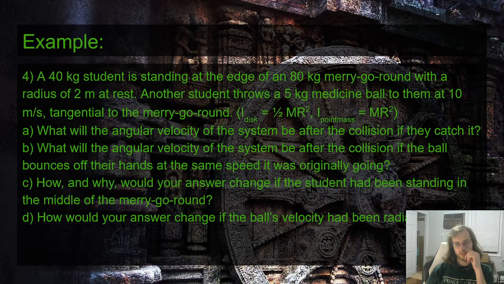What is the angular velocity of the system after the collision if they catch it? What is the angular velocity of the system after the collision if the ball bounces off their hand at the same speed it was originally going? How and why would the answer change if the student had been standing in the middle of the merry-go-round? And how would your answer change if the ball's velocity had been radial?